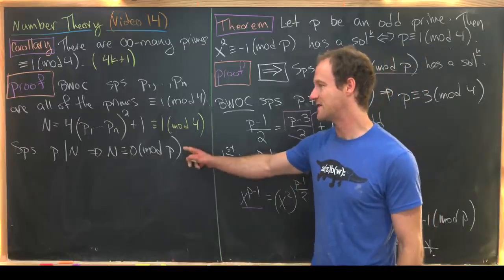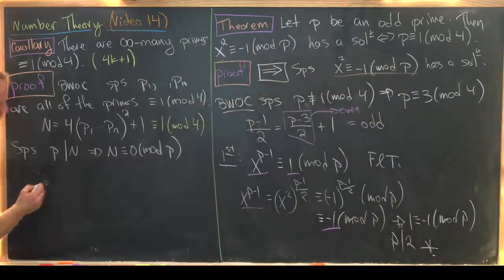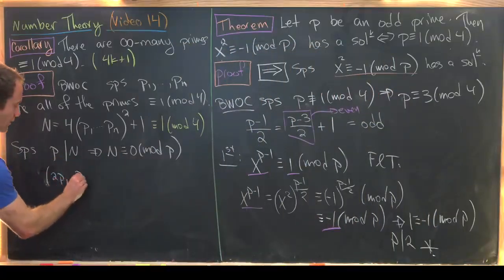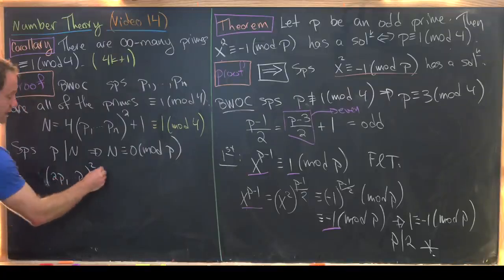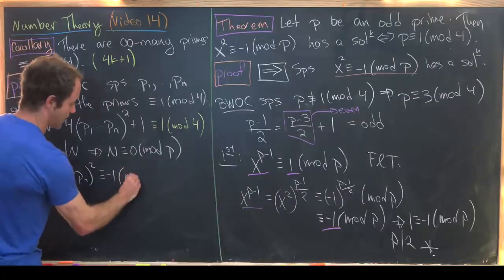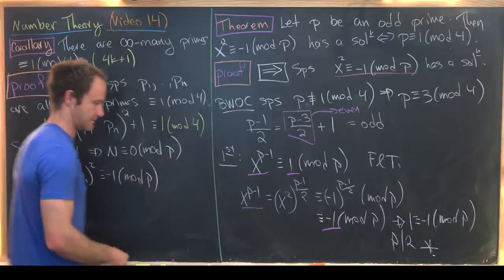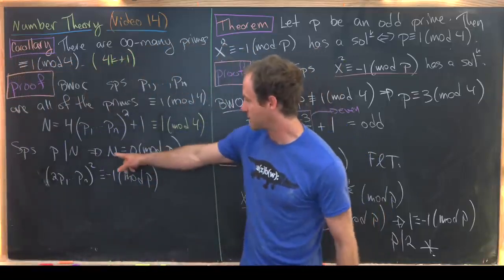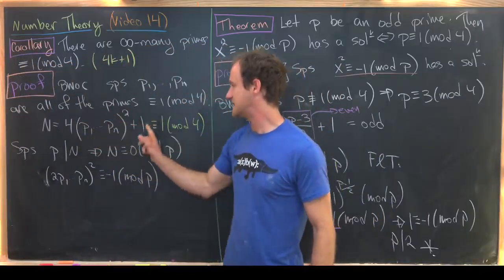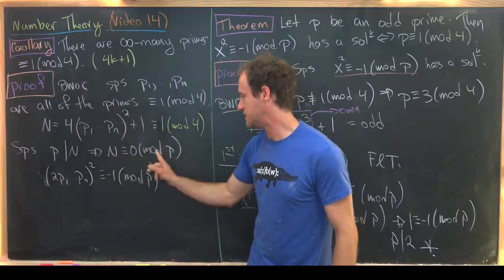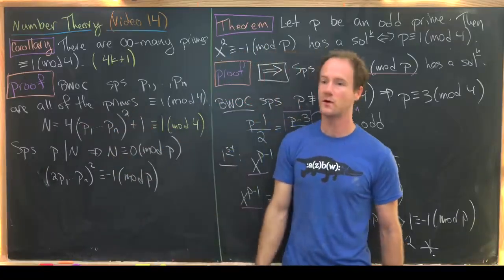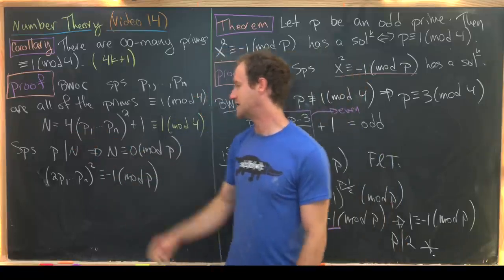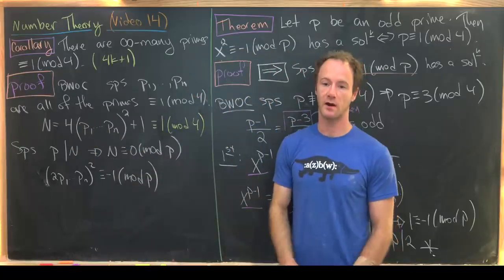Okay, so now let's take this and rewrite it a little bit. Let's notice that this tells us that 2 times P1 all the way up to Pn, squared, is congruent to minus 1 mod P. We got that just from inserting this definition of N into this congruence, moving the 1 over, and then moving the 4 inside of the perfect square.